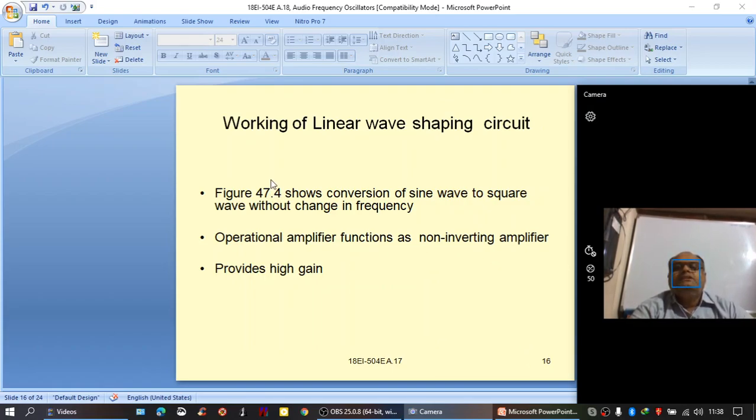Here, the linear wave shaping circuit shows conversion of sine wave to square wave without change in frequency. The operational amplifier functions as a non-inverting amplifier, which provides high gain.